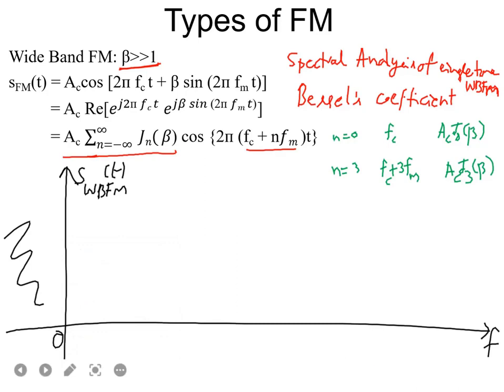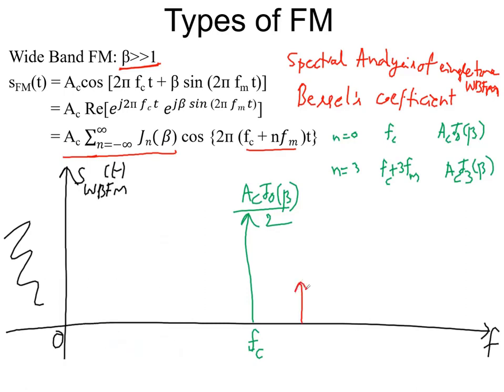I am plotting the spectrum here. Because of n equal to 0, you will have one amplitude, and that amplitude is Ac J0(beta). Since it is a cosine signal, you can represent it as Ac J0(beta) by 2, existing at what frequency? Fc. n is 0. Now if your n equals 1, then you will have another signal here. The amplitude will become Ac J1(beta) by 2.